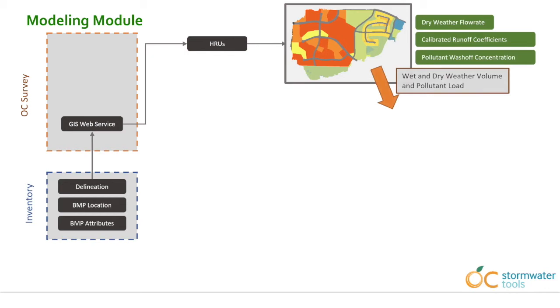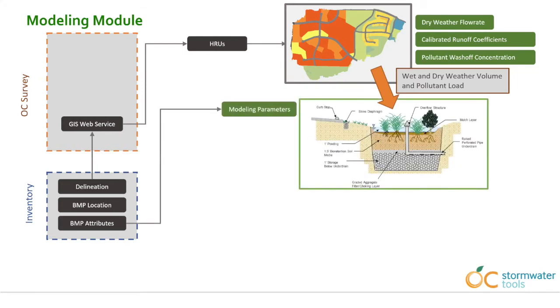So this lets us calculate the dry weather flow rate that's going to come off of this delineation, and to accumulate the stormwater runoff from some calibrated regional modeling that we've done for South Orange County. So after this step, what we have is our establishment of the hydrology of our delineation feature that's going to drain to our BMP.